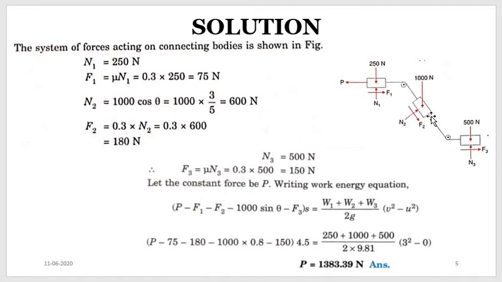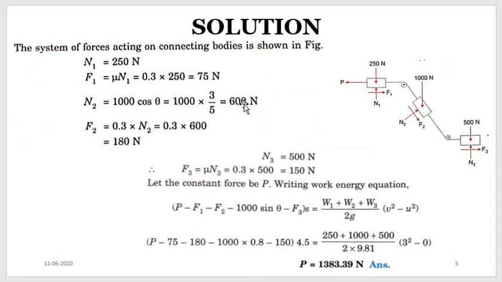Okay. Now, again, we know that this block is moving in the upward direction. So the frictional force at the second plane is acting in the downward direction, which is equal to mu into N2. Now, here also, when we equate the forces perpendicular to the plane to 0, we will get N2 is equal to the component of the weight perpendicular to the plane, which is 1000 into cos theta, and from the figure cos theta is 3 by 5.